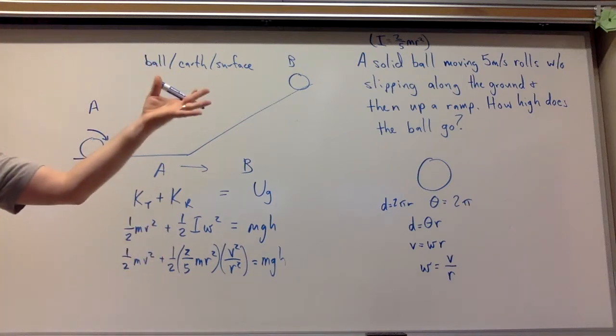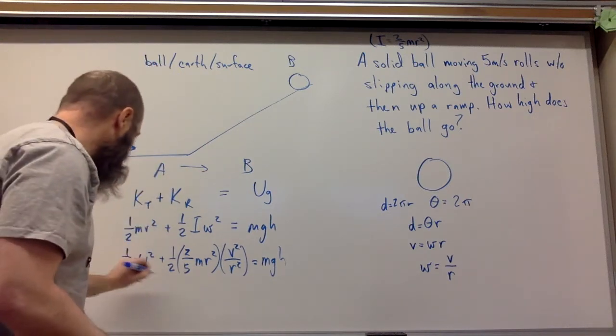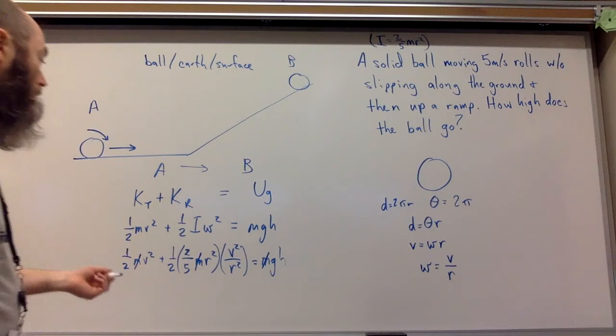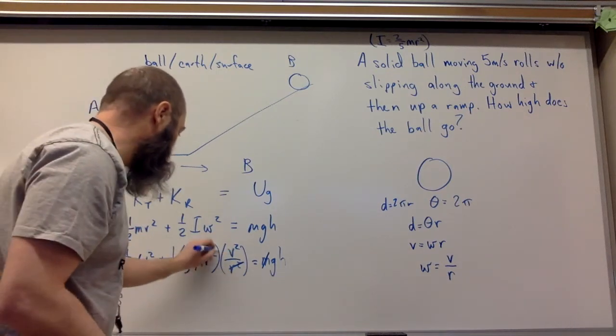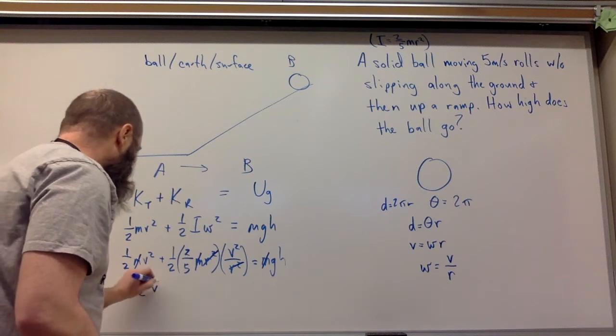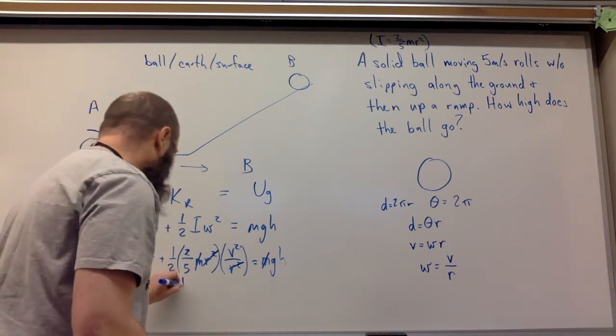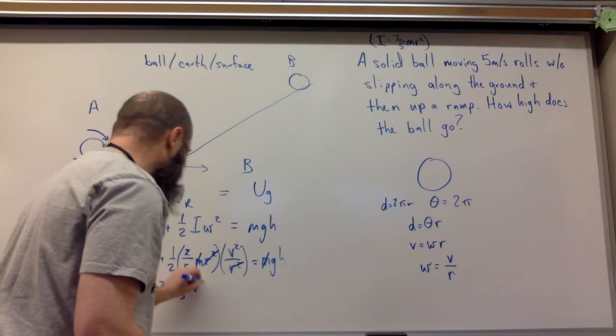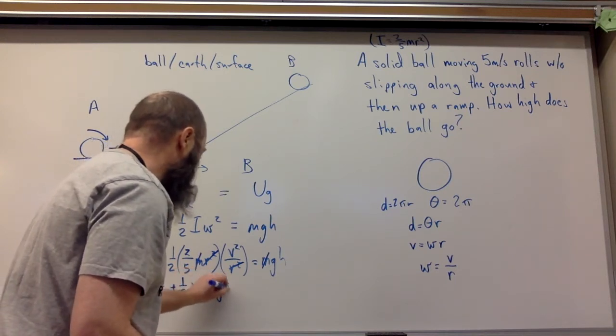Hey, look, mass wasn't given in the problem, but that's okay. Bye-bye, mass. And then if you look, bye-bye r squared. So I end up with 1/2 v squared plus 1/5 v squared equals gh.